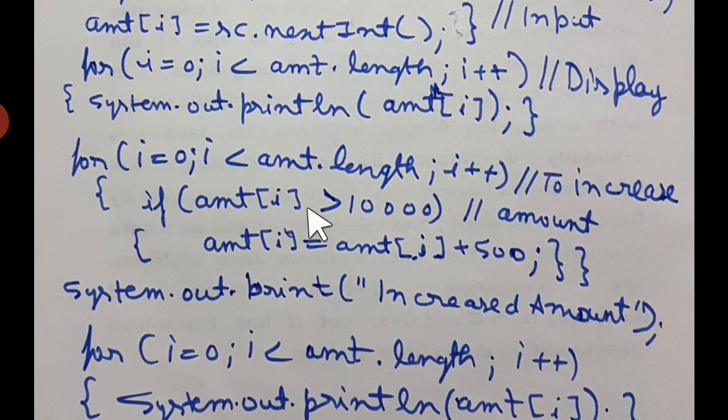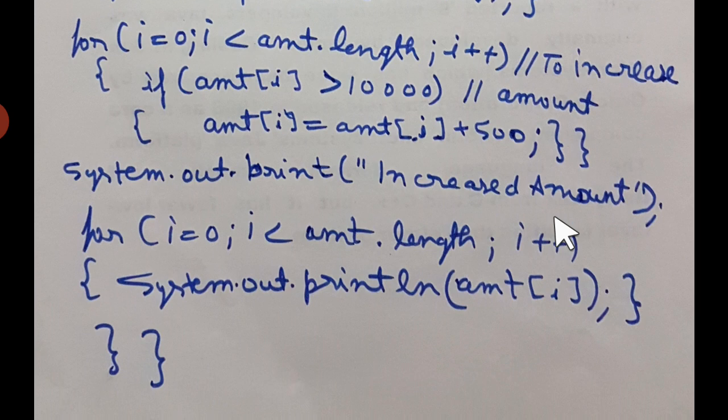If amt[i] is greater than 10,000, then amt[i] equals amt[i] plus 500, because the program says whenever the amount in the array is more than 10,000, we need to increase it by 500. So this is also done. This was to increase the amount.